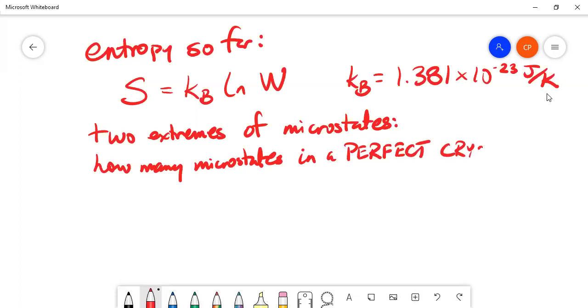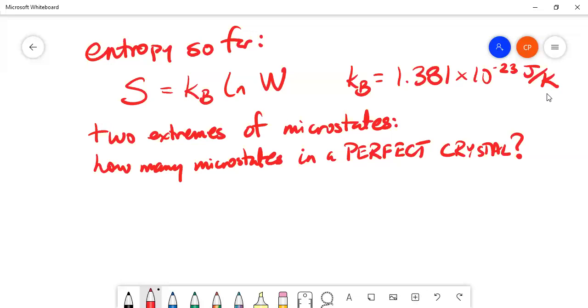One extreme is what I'm going to call a perfect crystal. The idea of a perfect crystal is I have something that's as perfectly ordered in the solid state as I can possibly get. When you think of crystals, what you're thinking about is a lattice of positive and negative charges all lined up next to one another and all locked into position.